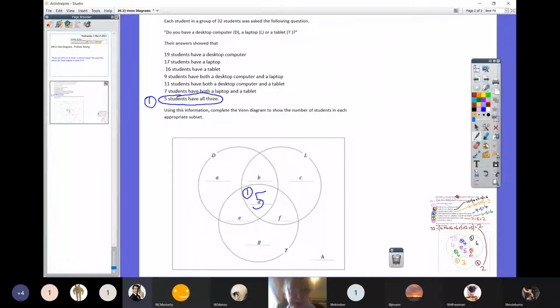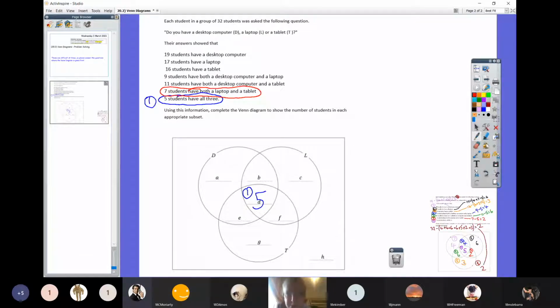So 7 students have got a laptop and a tablet. Now don't just go and put 7 in where F is. They're not saying that 7 students have just a laptop and a tablet. That means 7 students have got a laptop and a tablet, but they might have all 3.